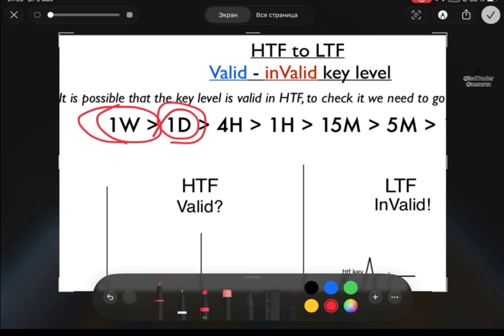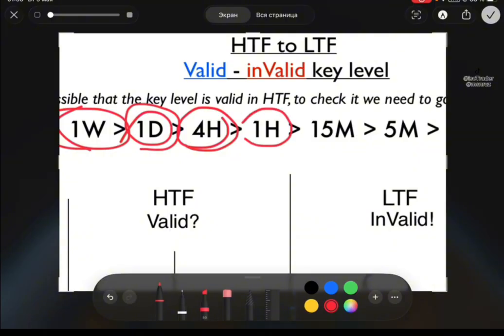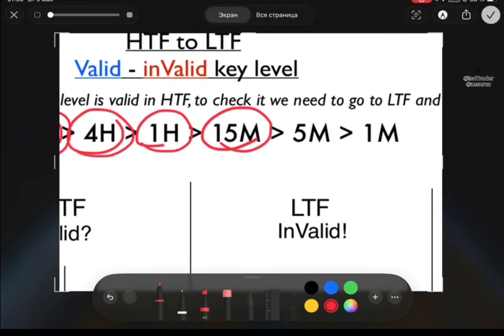After checking the 1 day, we switch to the 4 hour, and after the 4 hour, the 1 hour, and then the 15 minute, the 5 minute, and the 1 minute. In other words, by making the time frame smaller like this, we will be able to more accurately identify our entry zones and our exit zones as well.